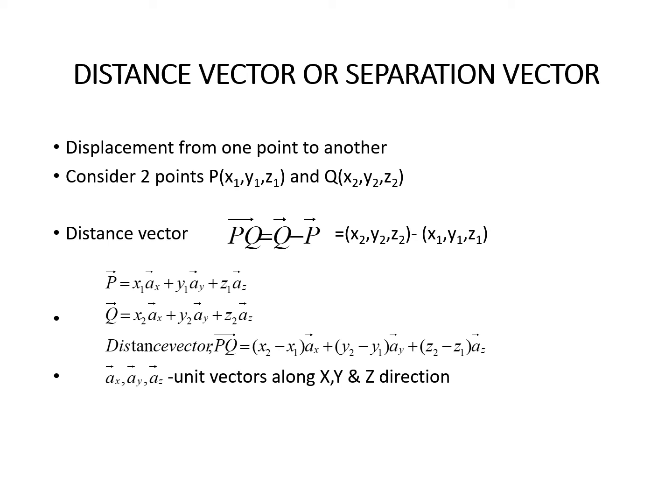So we have to subtract the coordinates of Q and P. So (x2 minus x1) ax vector plus (y2 minus y1) ay vector plus (z2 minus z1) az vector. Here ax vector, ay vector, az vector are the unit vectors along x, y, z axis direction.